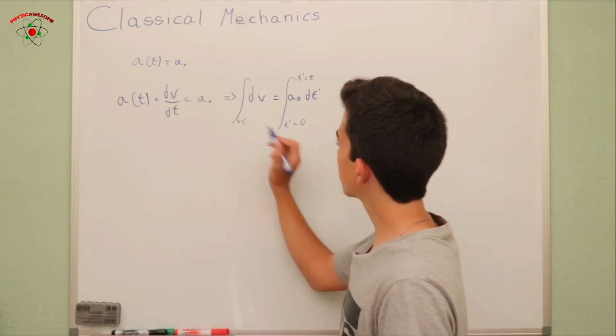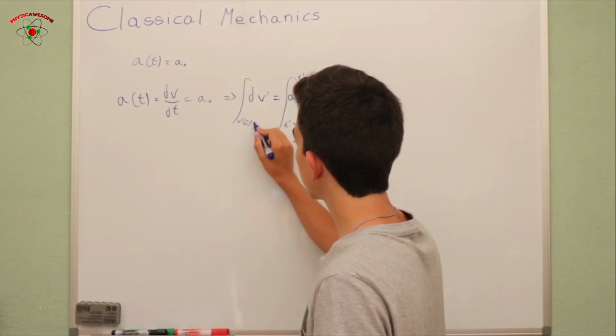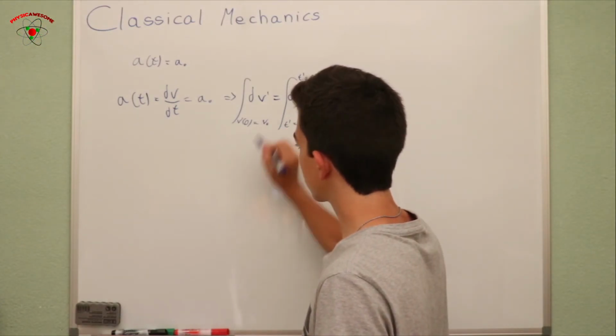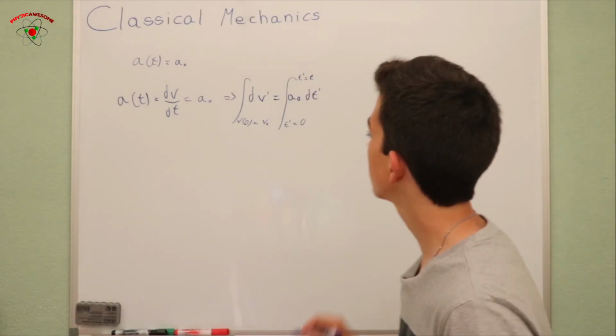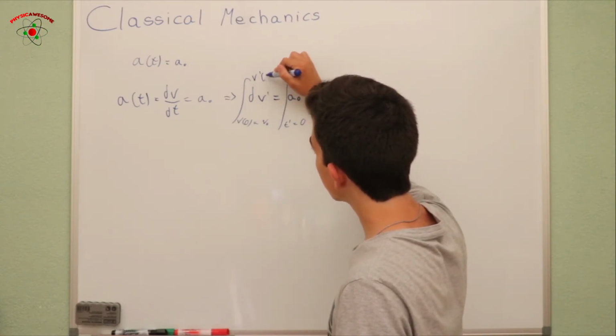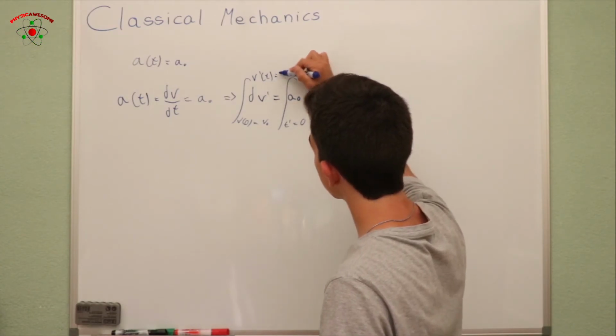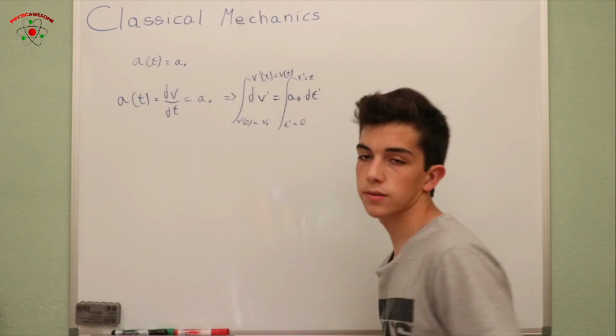And similarly, on this side the integral goes from v prime equals v of 0, which is v sub 0, the initial velocity our object has, and the upper limit is going to be v prime equals v of t. Right?